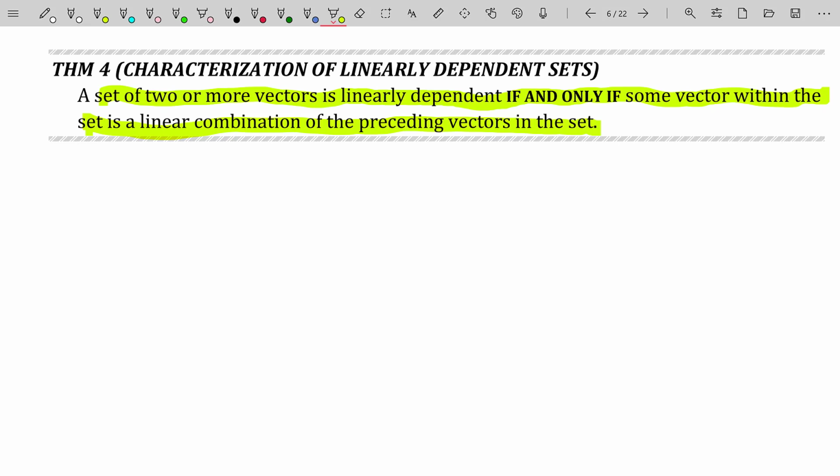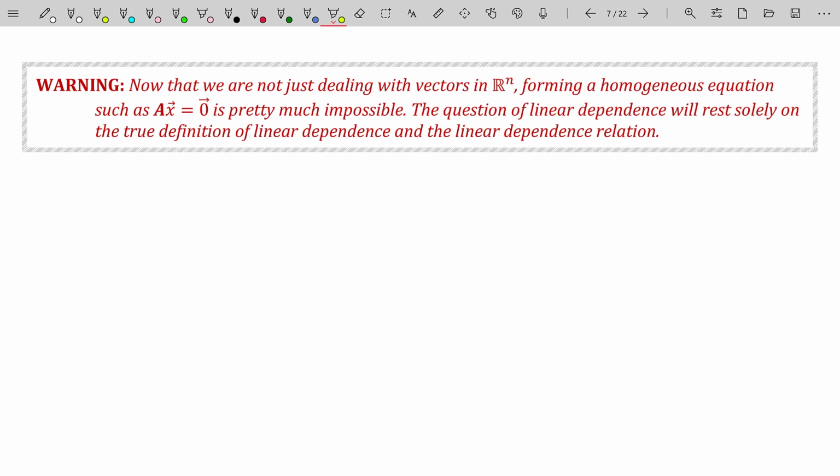If I give you a set of vectors, whether they're represented as functions or not, and you can find one of those vectors that can be written in terms of the others, then you know you have a linearly dependent set. And a little bit of a warning before we continue forward. Now that we're not just dealing with vectors in Rn, forming a homogeneous equation such as Ax equals 0 is pretty much impossible.